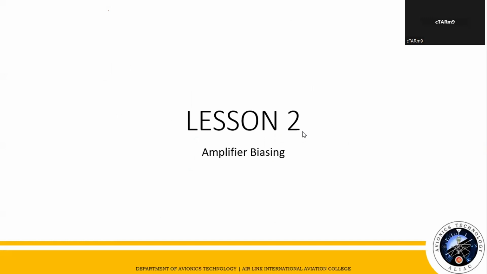So here in amplifier biasing, the basic configurations of transistor amplifier circuits are the common base, the common emitter, and the common collector. All require two voltages for proper biasing. The base emitter junction must be forward biased and the base collector junction must be reverse biased.